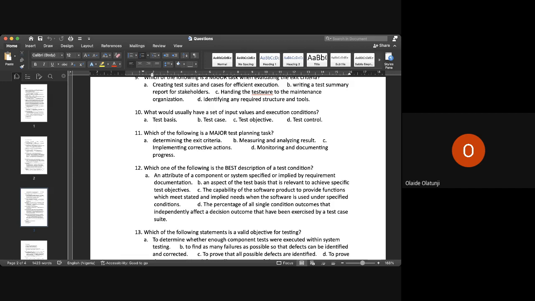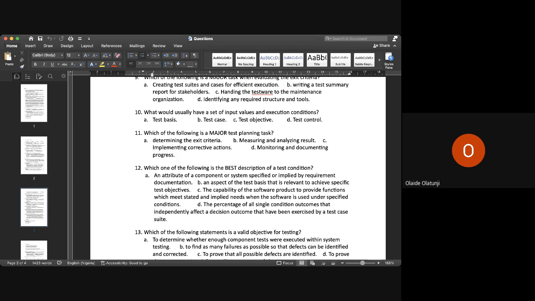So it's still from that same requirement, you bring out your test objectives. Now, how would you achieve these test objectives? It's still also inside the test basis, right? So the test basis would determine the conditions in achieving the test objective derived from the requirement.